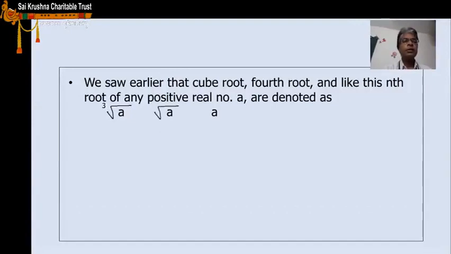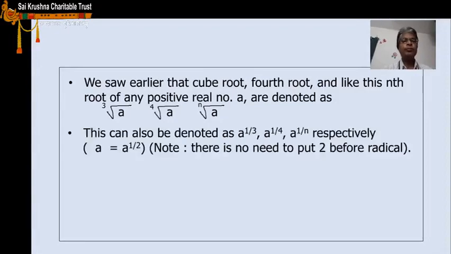So we saw the cube root, fourth root and like this the nth root of any positive real number a are denoted by putting the radical sign, with 3 before it, 4 before it, n before it, to get the cube root, fourth root, nth root. This can also be denoted as a power 1 by 3, a power 1 by 4 and a power 1 by n respectively.